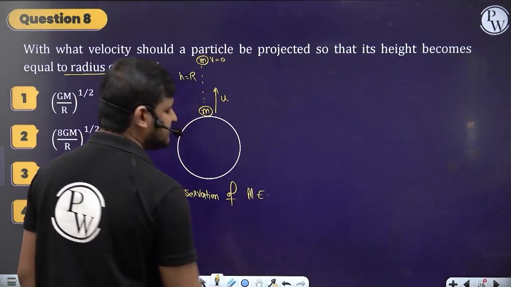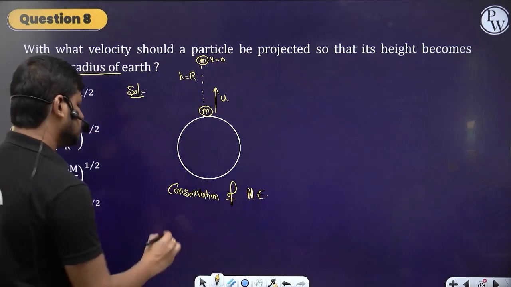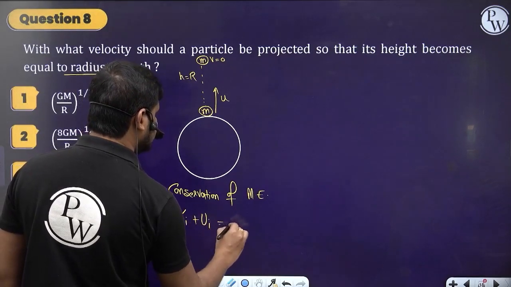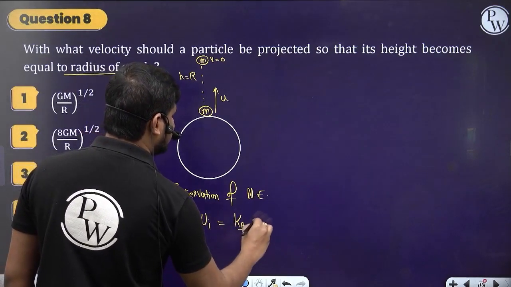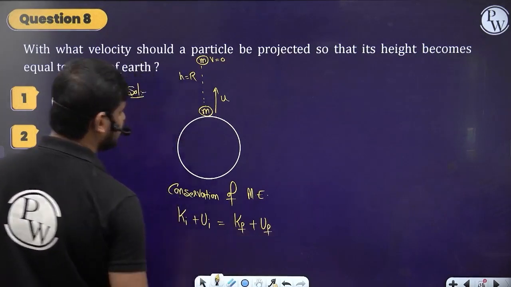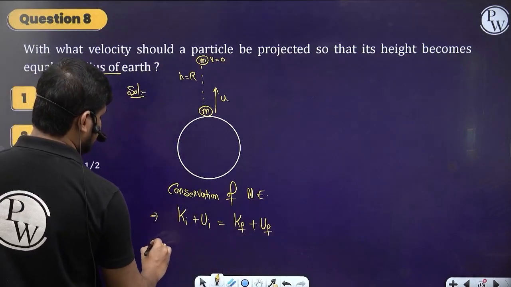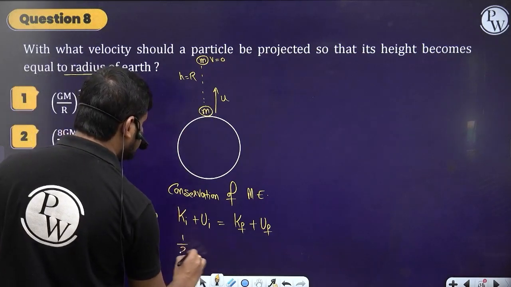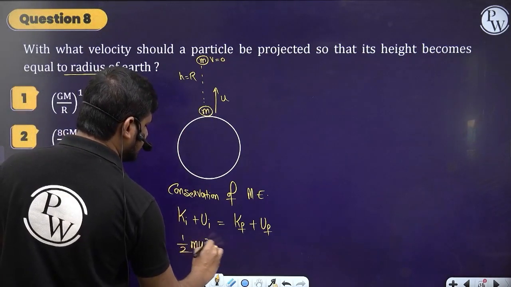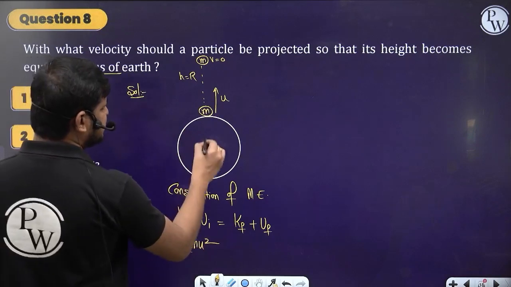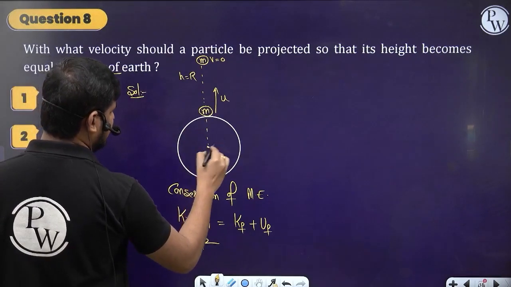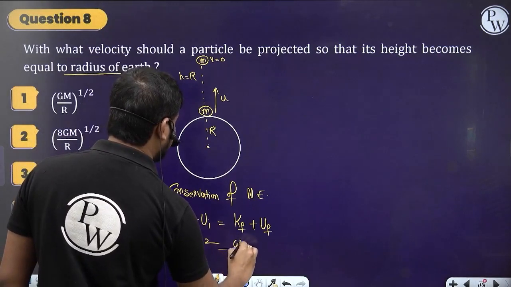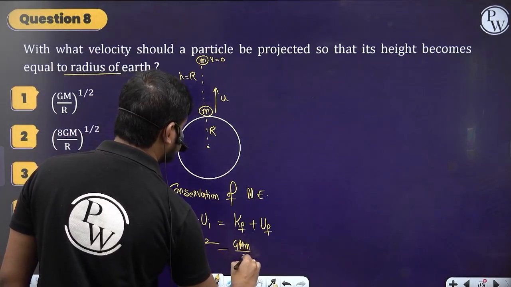So what does the conservation of mechanical energy say? The initial kinetic energy plus initial potential energy equals the final kinetic energy plus final potential energy. Initially it is thrown with some velocity u, so half mu square is the initial kinetic energy, and initially it is on the surface of the earth, at radius r, so minus GMm by r.